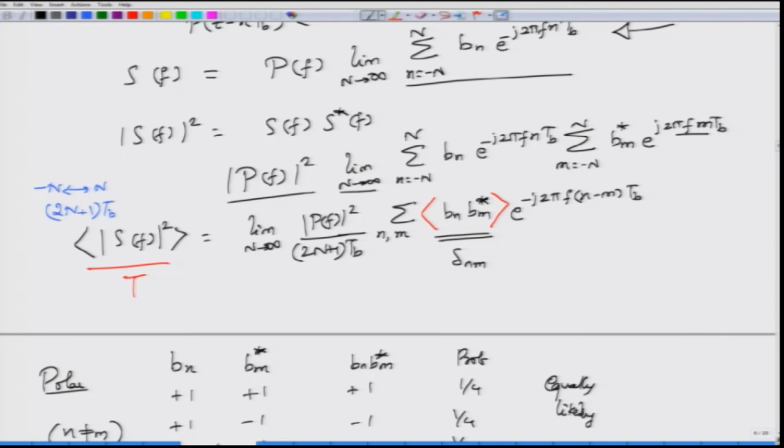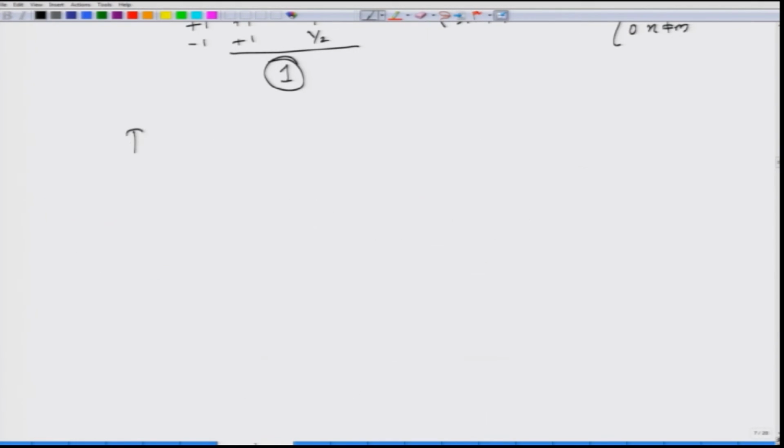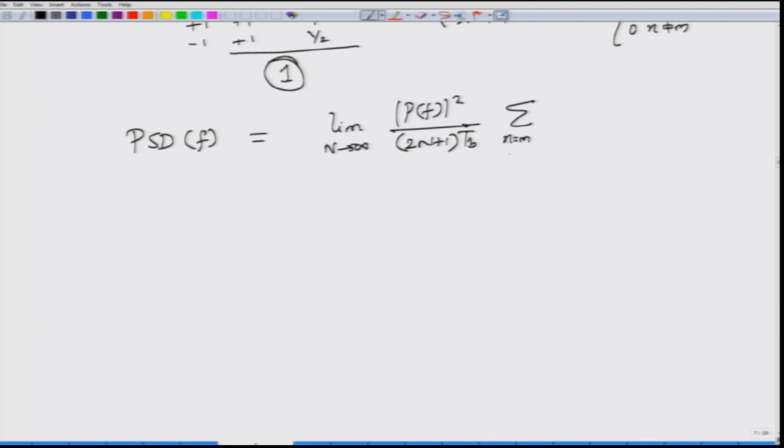So if you take only those cases where n is equal to m, you are going to get the power spectral density, let us call this PSD of f, which would be equal to limit of n going to infinity P of f magnitude square divided by (2n plus 1) into Tb, and then you have a summation which would exist only in the case where n is equal to m, but n is going from -n to +n and there is a 1 here.